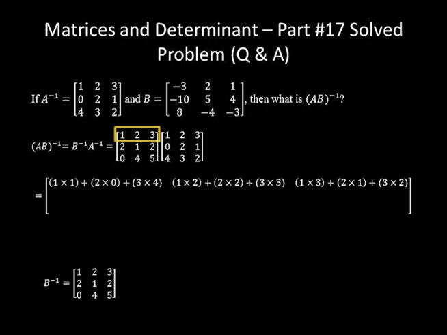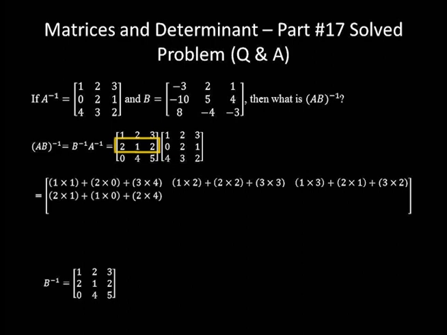As you can see here, across a row, we multiply one row of the first matrix with each column of the second matrix. To find row 2, column 1 entry, we have to multiply row 2 of B inverse with column 1 of A inverse. 2 times 1 plus 1 times 0 plus 2 times 4.